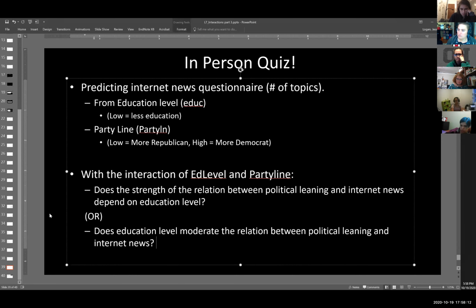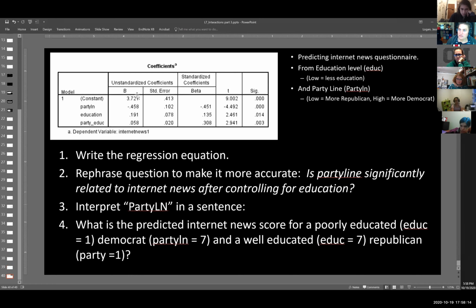So here is the resulting coefficients table. Here I have information about the predictors, party line and education, and internet news is the outcome. I have 4 questions for you.